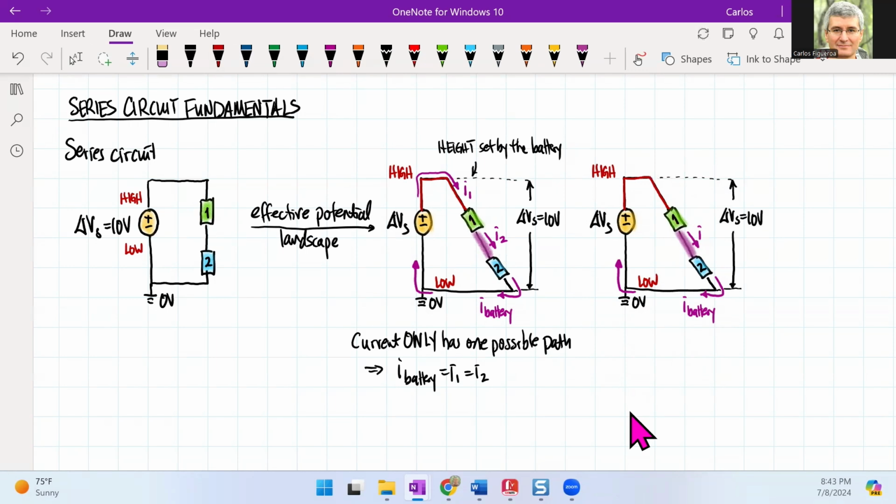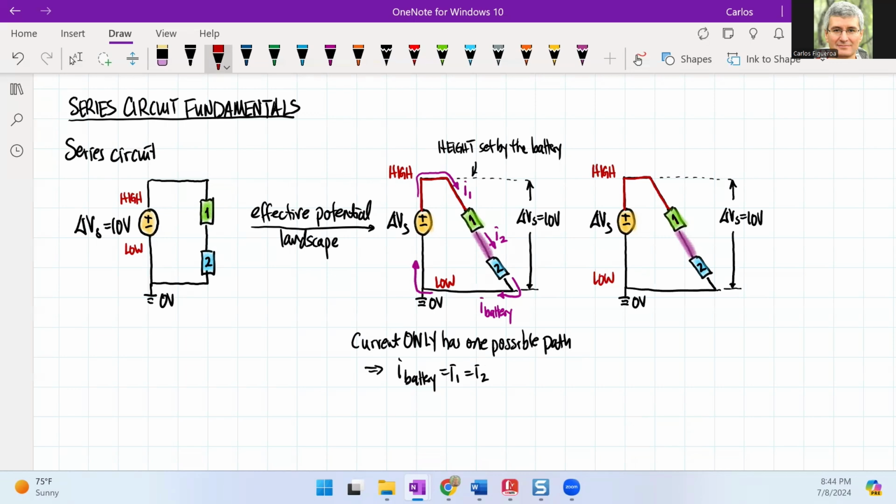I don't care about the currents anymore because we have that in the other picture. So I'm going to move this slowly and bring it over here because that's an important picture. So now what is happening? What you're seeing here is that the total height is 10 volts.